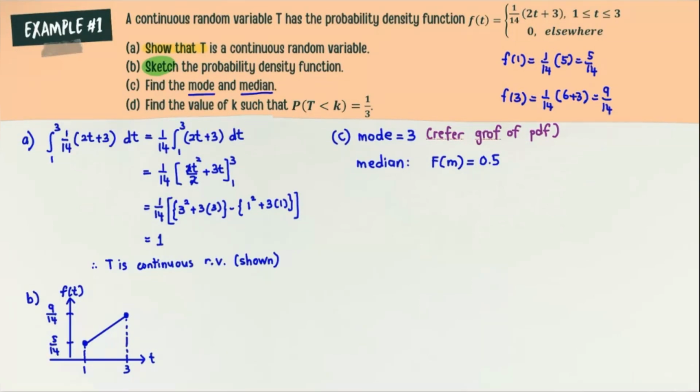Dia adalah probability of t less than or equals to m akan dapat 0.5. So macam mana nak dapatkan t yang less than or equals to m? Dengan cara we integrate the smallest number 1 until m of this function with respect to t, I will get 0.5.